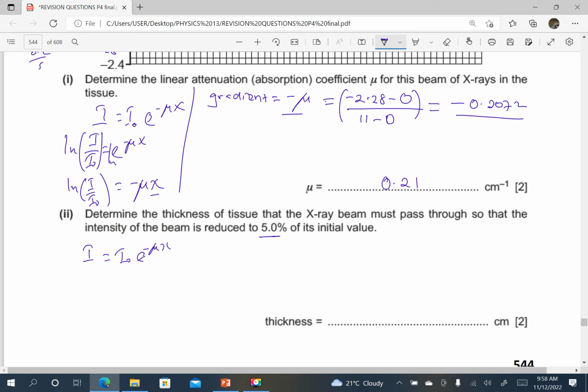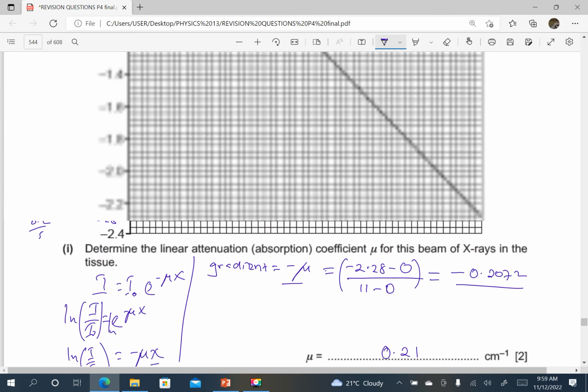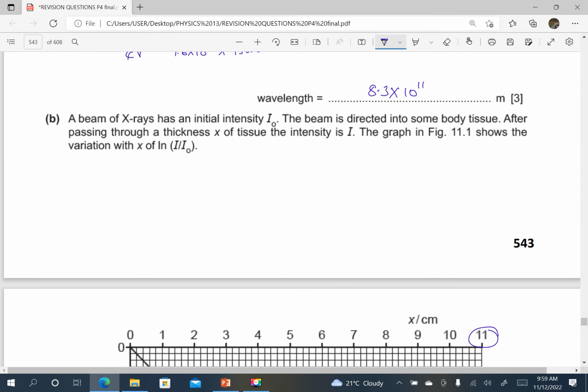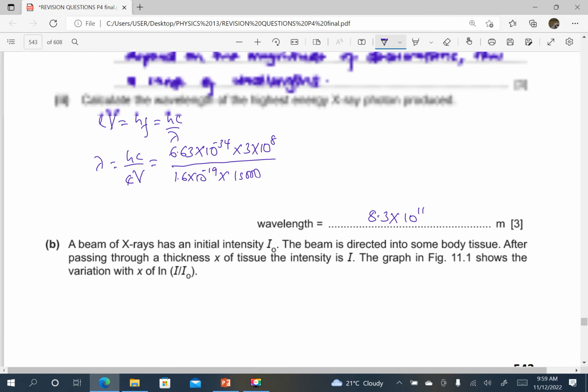That means the intensity transmitted is going to be 0.05 times I naught, equaling I naught e power negative mu x. The value of mu is given as, where is mu?